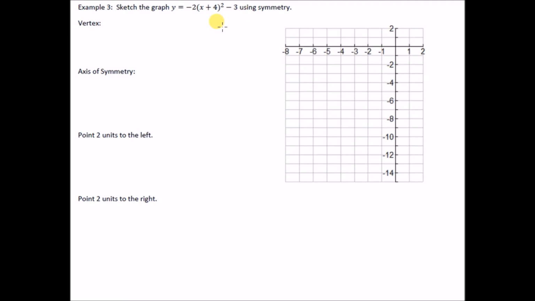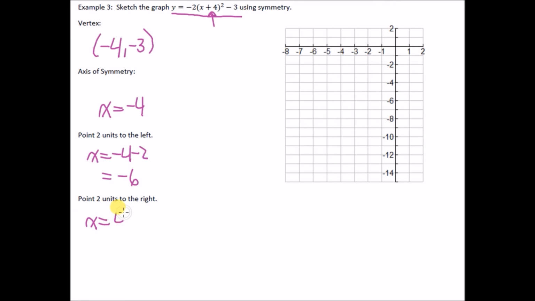All right, now let's sketch this graph using symmetry. Taking a look at this equation right here, our vertex is going to be (-4, -3). Our axis of symmetry is x equals -4, so 2 points to the left is going to be -6, and 2 points to the right is going to be -2.